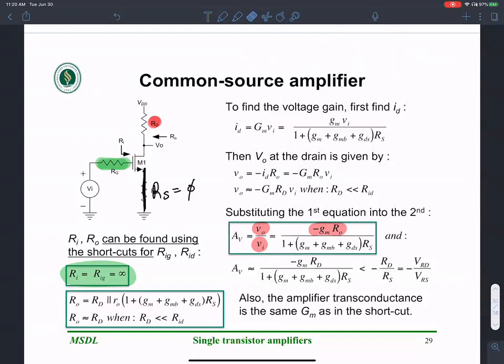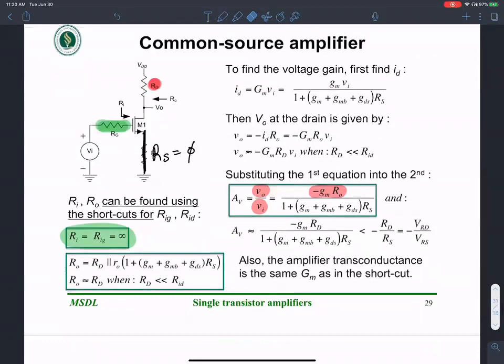Negative gm, r0 in parallel with RD. RD in parallel with a really large quantity is going to be approximated as RD. A large resistance in parallel with a small resistance is the small resistance.